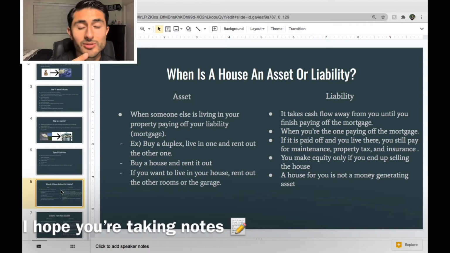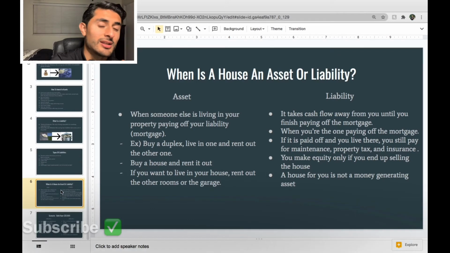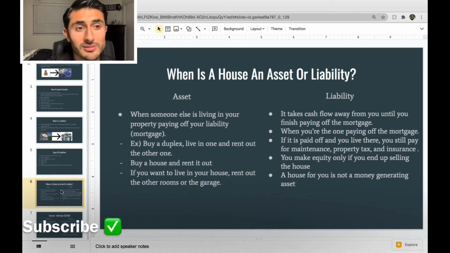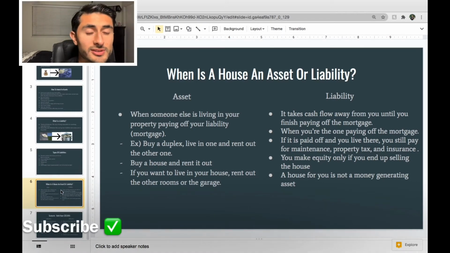And two, those $2,000 that you're paying down your own mortgage, you could have invested in something else that would have given you a return. You could have put it in an actual asset that would have given money back to you. So the first and second points correspond to each other, and that's when you're the one paying off the mortgage, for the same reason that I mentioned before.